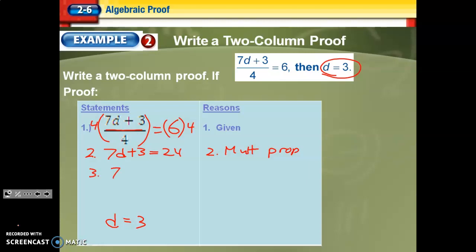Then I'm going to subtract 3. And then we get 7d equals 21. And here I kind of wrote the d equals 3 down a little bit too far. But we would divide both sides by 7. And we get d equals 3. And we just write division here. And that is what we wanted.